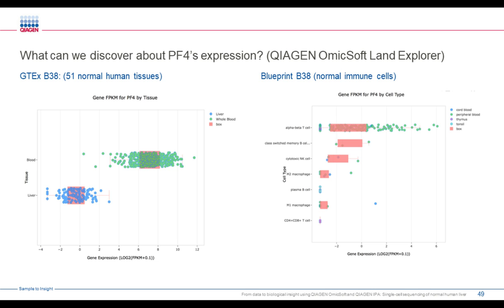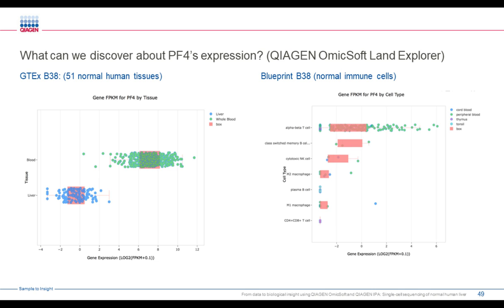We can also discover the PF4 expression using the OmicSoft Land Explorer. We have looked at GTEx, which covers 51 normal human tissues. PF4 is heavily expressed in the blood, not in the liver. And we can specifically look at the expression in normal immune cells, looking at BLUEPRINT.